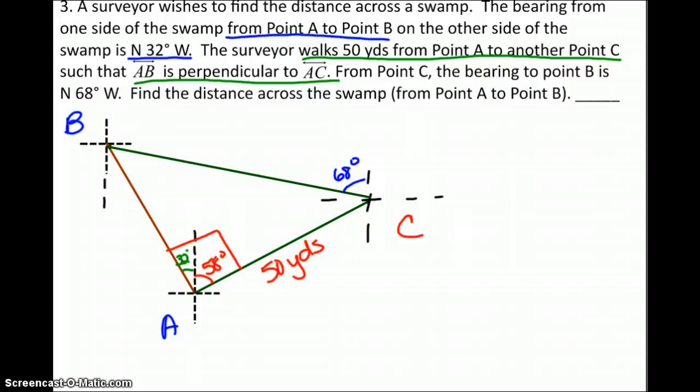We have a 68 degree angle here, and we have a 32 degree angle in green down the left. So that 32 degrees will move to be 32 degrees here. And this 58 will move to be 58 here.